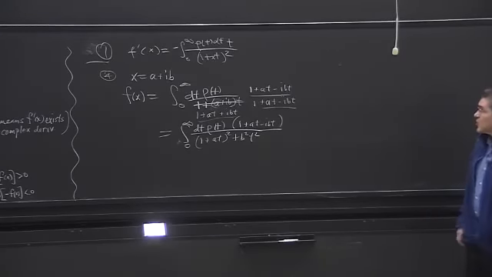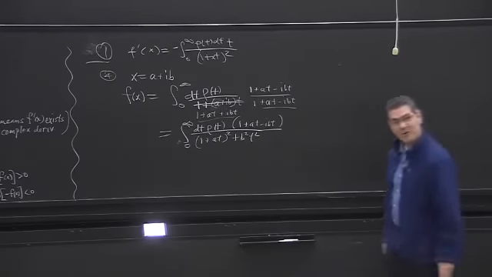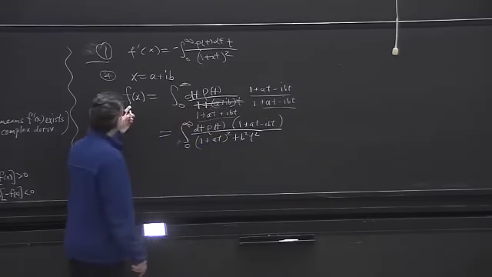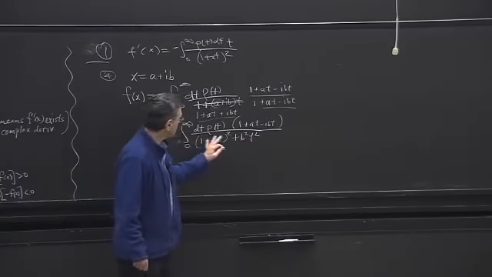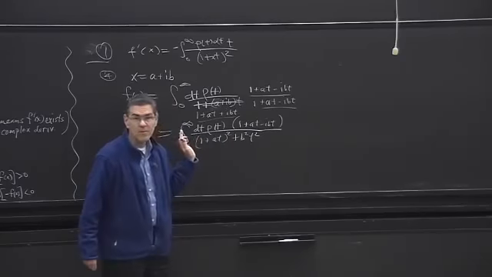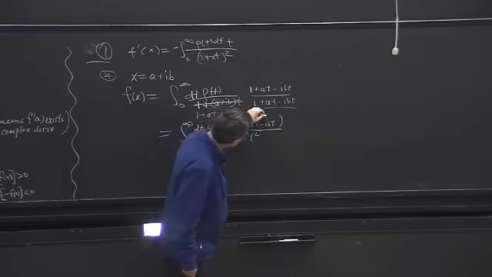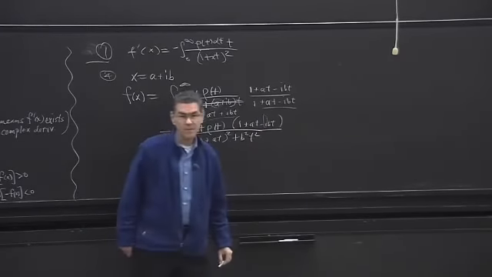So that's really cool, because now I know how to take the imaginary part of f of x. Everything in this integral is real. The only thing that's imaginary is this little i over here.